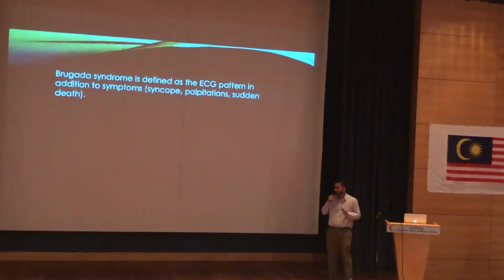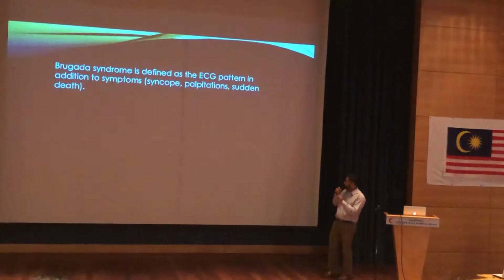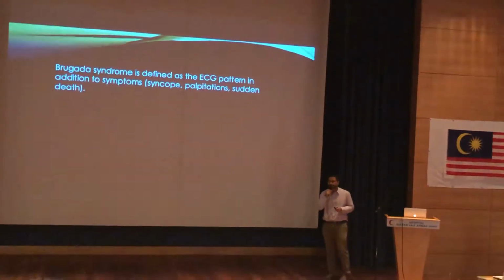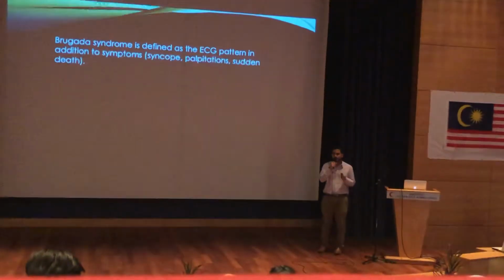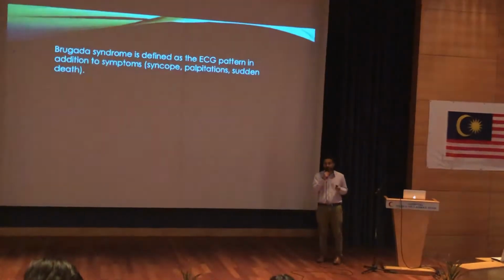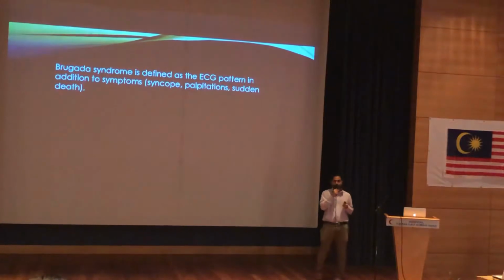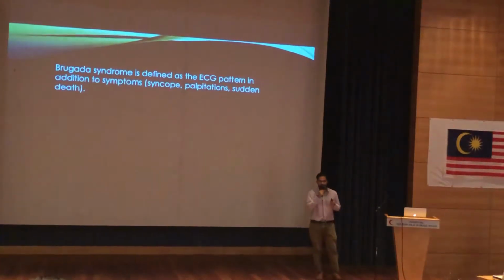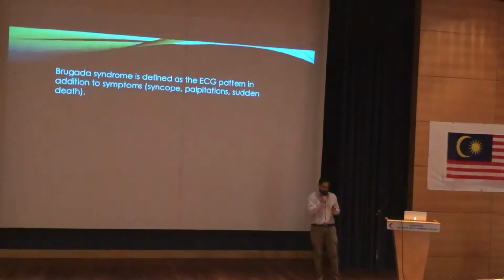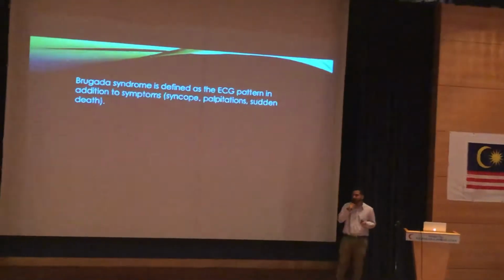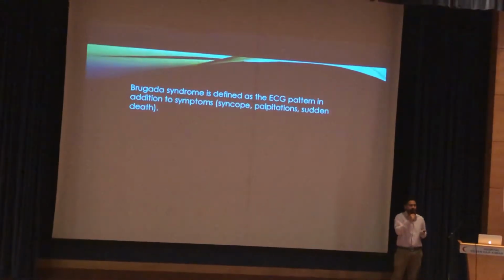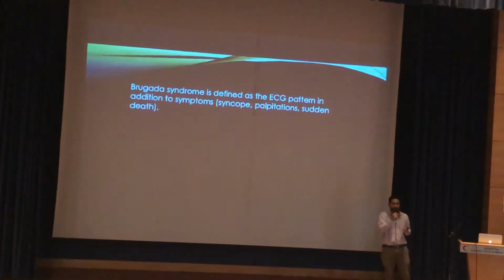Brugada syndrome is defined as an ECG pattern with symptoms. You must have an ECG pattern and symptoms of either syncope or sudden death. Most of them will come with sudden death. That's the problem. Most of the patients I have seen come in with sudden death and eventually require an ICD, which might be helpful, but not in all patients. They come in at the age of 25, 26, totally asymptomatic, and they just drop.